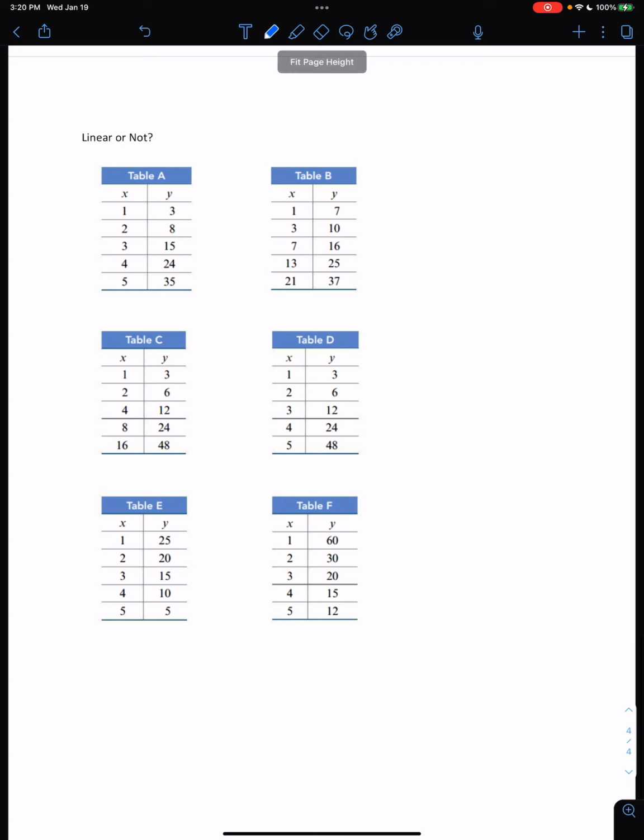And remember that a linear relationship has a common change. So we're changing the same distance for our change in our y value divided by our change in our x value.